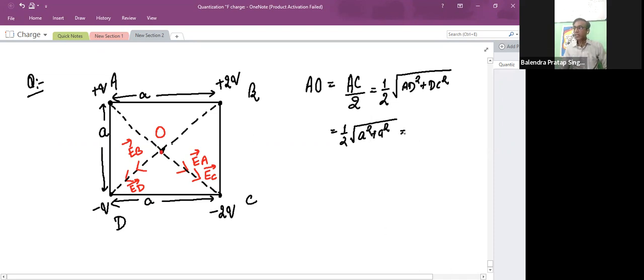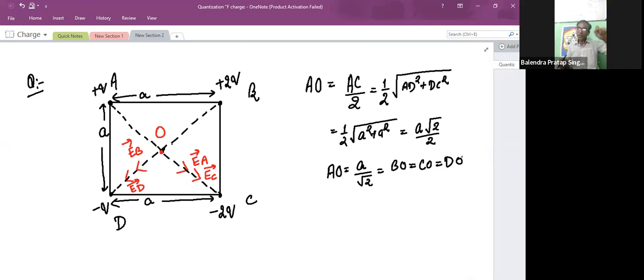Taking A outside, A root 2 by 2, so AO is equal to A by root 2, which is equal to BO, CO, and DO. Okay, is it clear? First I calculated the distance from every charge to the center where we are interested in finding the electric field.